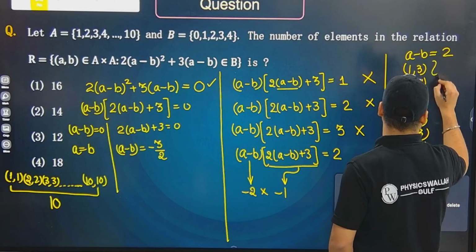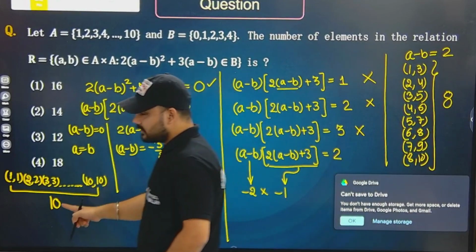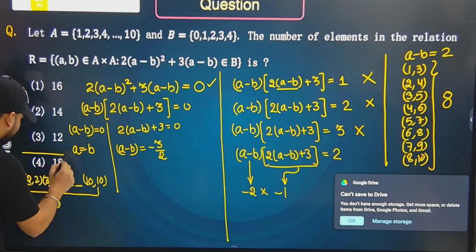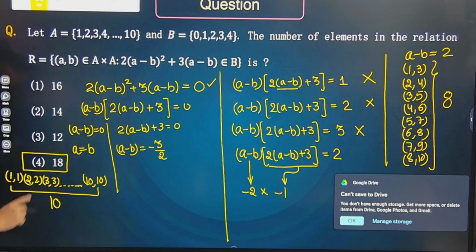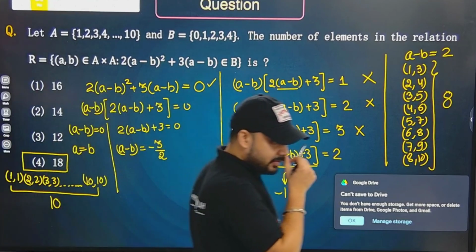So how many do we have here? 8. And how many do we have here? 10. So what is the final answer? 80. Okay. So write down the remaining stuff that you have written in the last solution. Then we will proceed further.